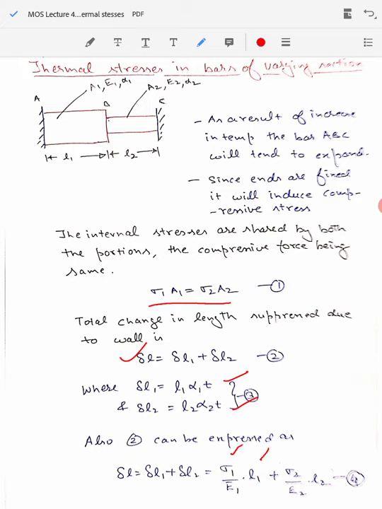Strain is nothing but the stress divided by modulus of elasticity for that section. So sigma 1 by E1 into L1, and for the second one it will be sigma 2 by E2 into L2. So using these equations from 1 to 4, we can identify the value of strain, stress, and the load being applied in these sections.